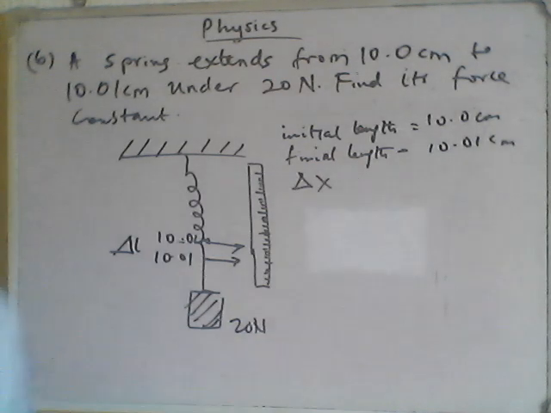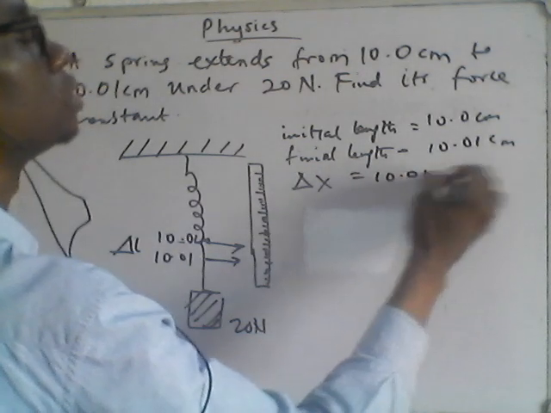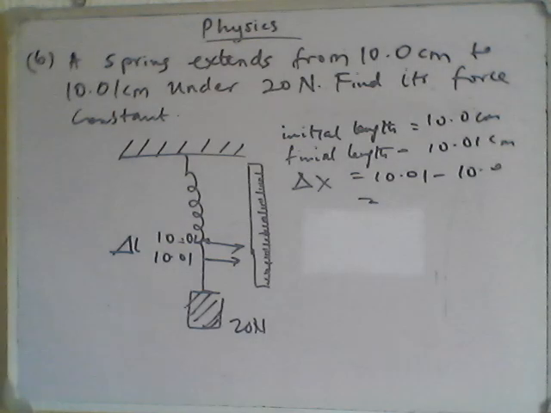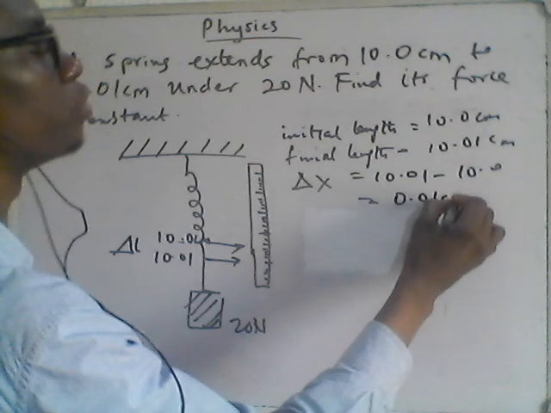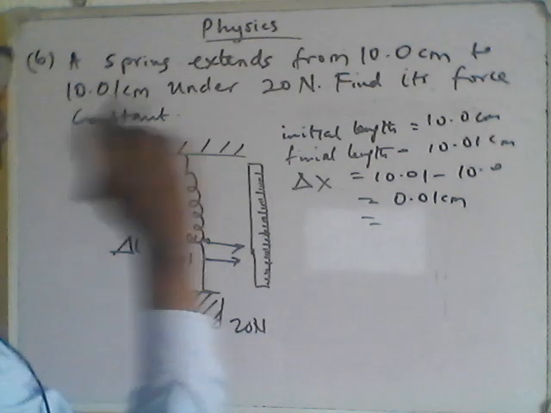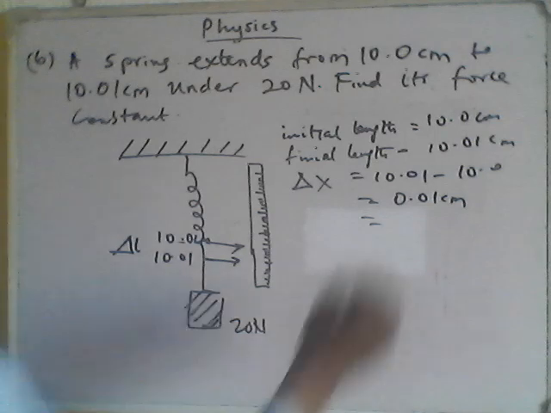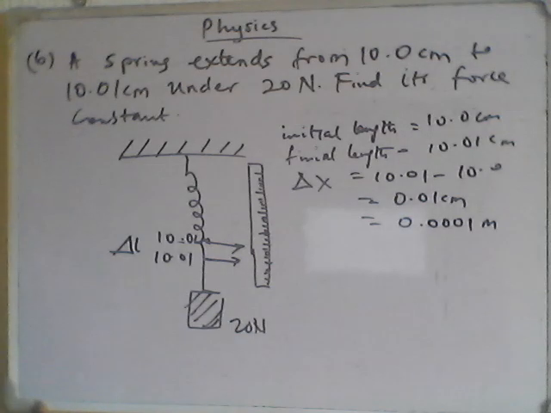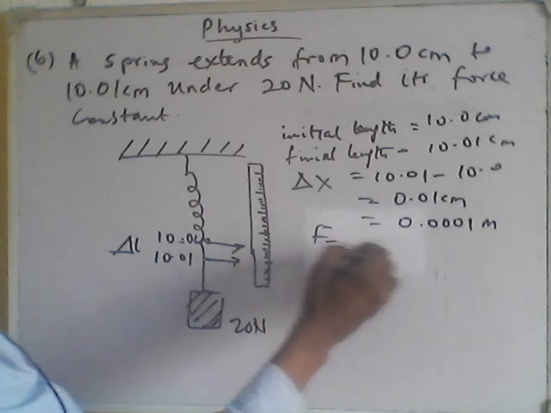Change in length is equal to 10.01 minus 10.0, which gives us 0.01 cm, but we need to convert it to SI. So how many centimetres equal a metre? That's 100. So I'm going to divide this by 100, I beg your pardon. So I'm getting 0.0001 meter, and the applied force, F, is 20.